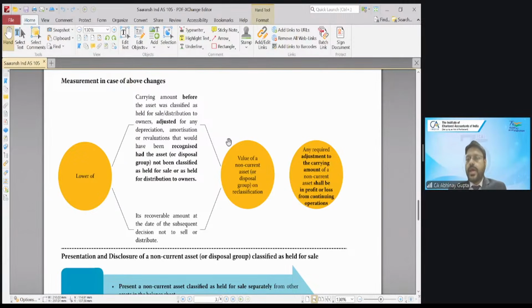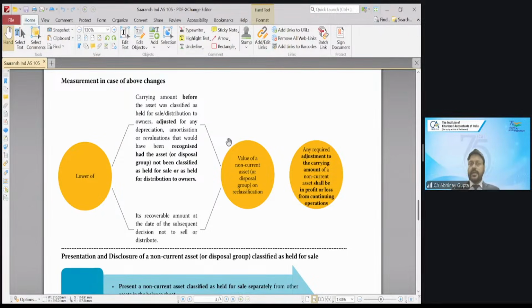So in that case, what would happen? So the standard says in the rarest situation, whenever the management withdraws any such sale plan for any of these non-current assets held for sale or the discontinuing operations, what would be the accounting and measurement requirements in that case?